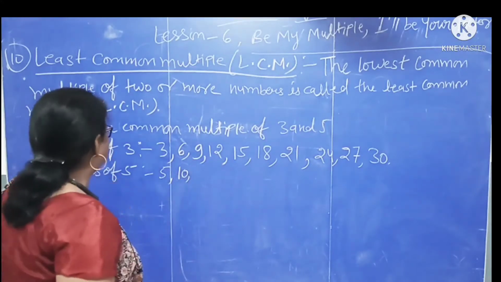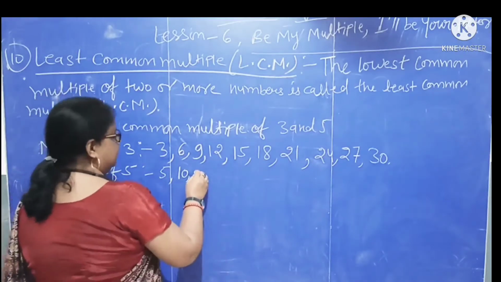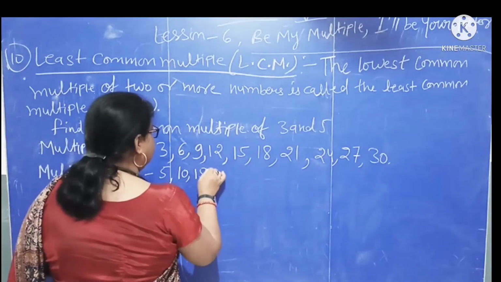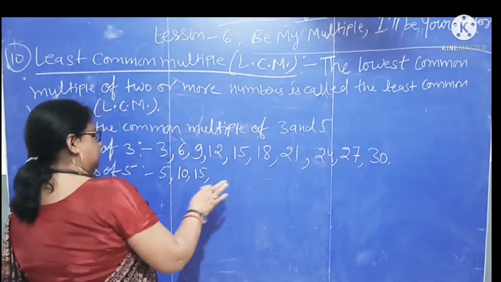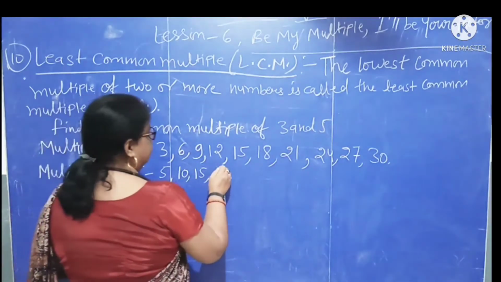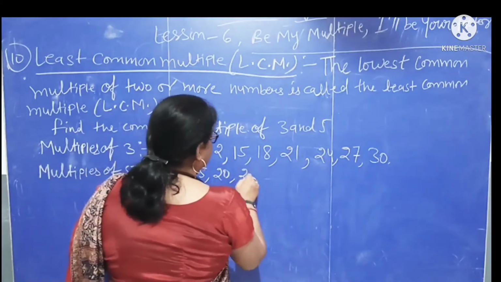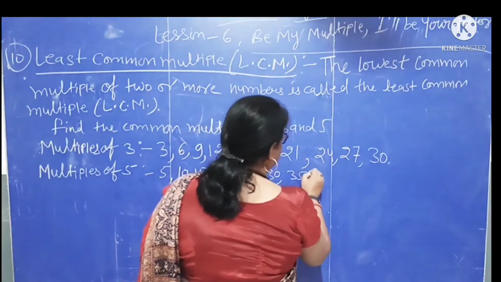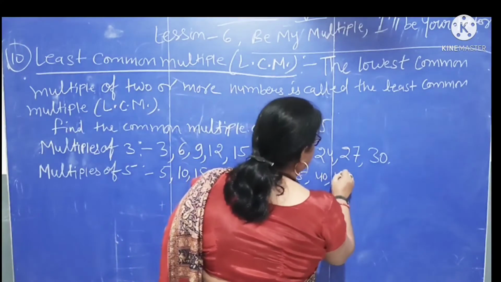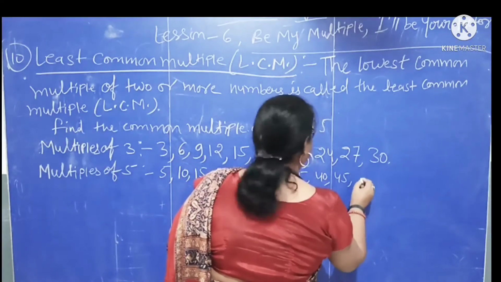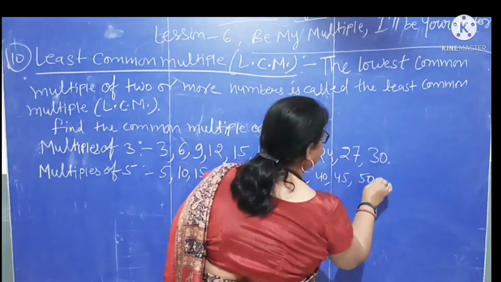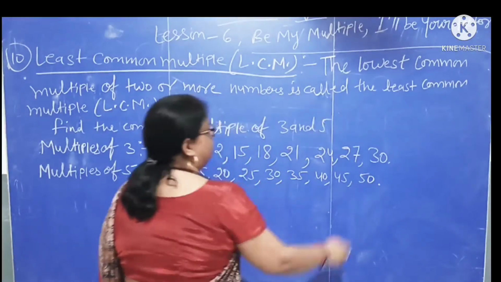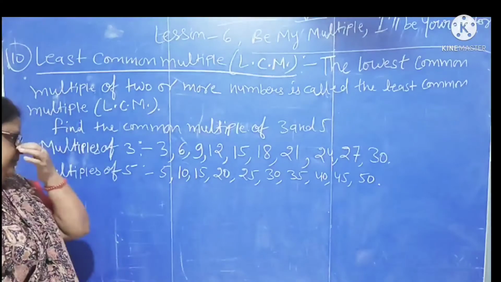When we multiply 5 by 3, we get 15 as a product. And so on: 5, 10, 15, 20, 25, 30, 35, 40, 45 and 50. So here are the multiples of 5 up to 10 times.